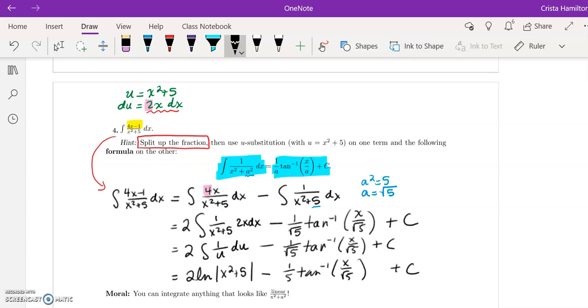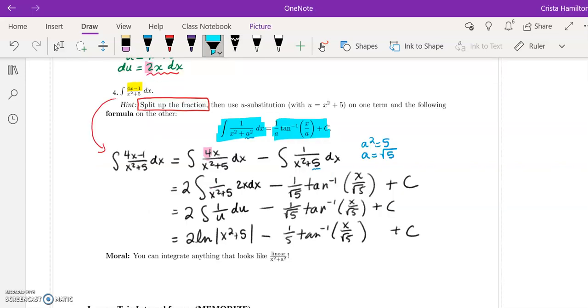If you don't have the correct du, you have an extra constant like that. What I hope you get out of this discussion, as we're doing all the different types of rational functions you might see, is that if you have anything that is linear over x squared plus a number, you can always split it up, use a u sub on the first one, use an inverse tangent on the second one, and you will be fine.